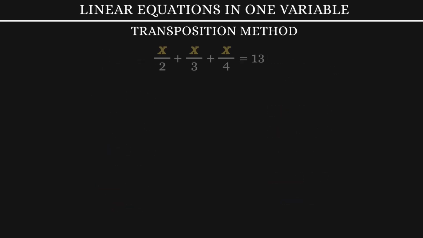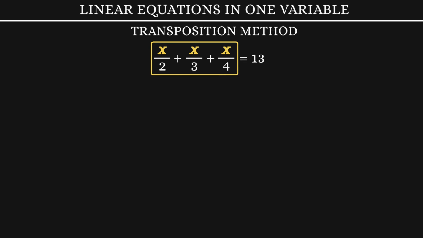Next question. x by 2 plus x by 3 plus x by 4 is equal to 13. Here we have 3 different terms in which all of them are fractions and they have a variable. What we do is first simplify the left side.